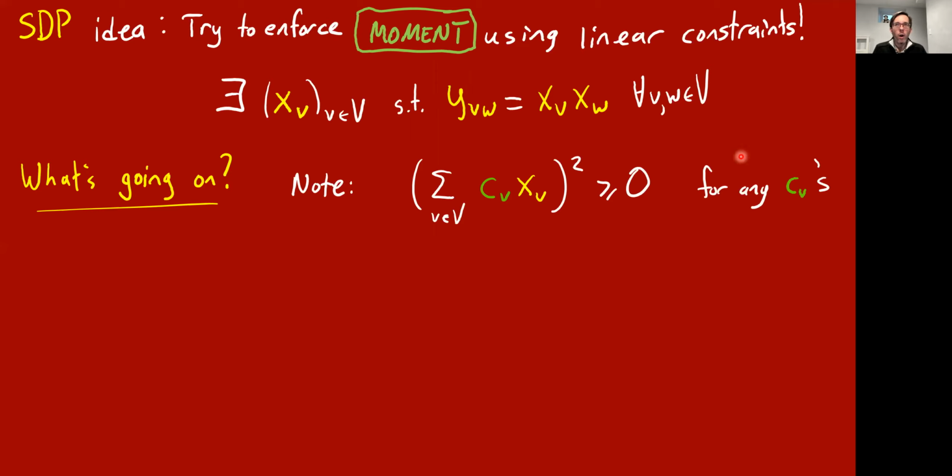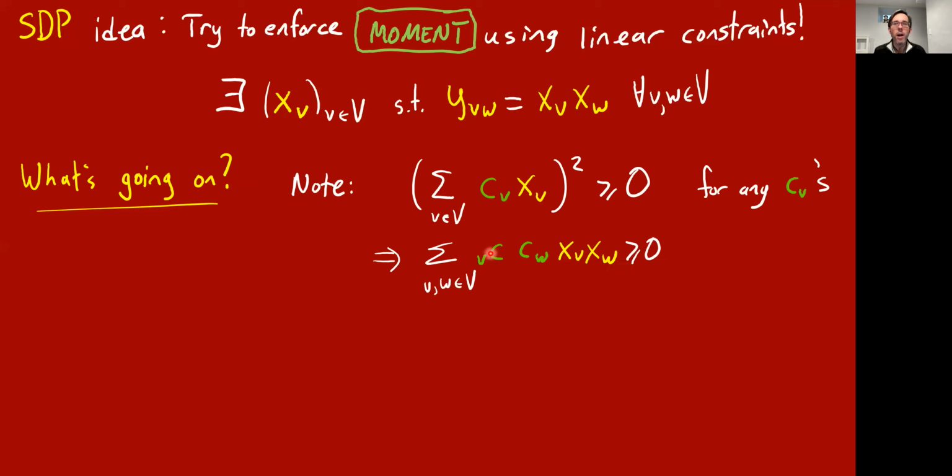So one thing that was always happening is we would take some real constants, c_v, and we would observe that for any real values x, if you sum up c_v x_v and square it, it's non-negative. That's a fact of life. Let me just expand that out.